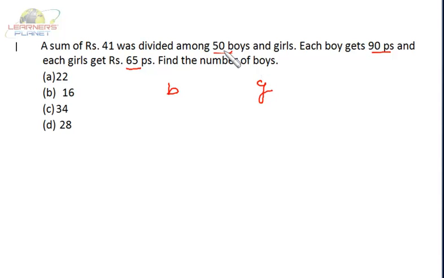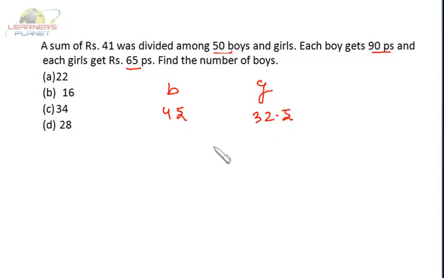Further, let's assume all of them are boys. If each boy is getting 90 paisa, then 50 boys will be getting 50 into 90, that is 45 rupees. And if all of them are girls, then if each girl is getting 65 paisa, that means 50 girls must be getting 32 rupees 50 paisa.